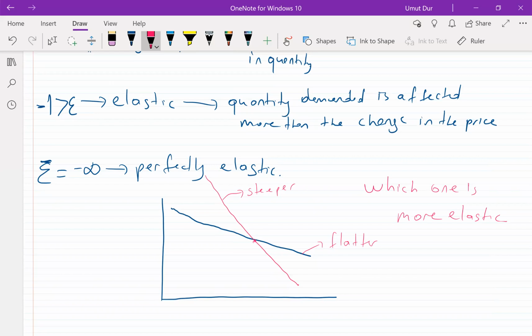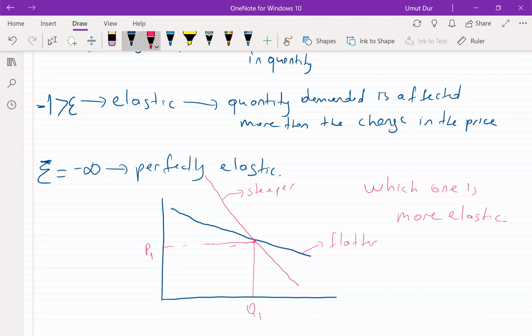Okay. So what we know is the change will affect the quantity demanded. It will decrease. But which one decreases more? That's the question. If you cannot see it from the graph, we can just look at the values here. Let's say that this is the price P1, and for price P1 we have the same quantity demanded for both demand curves.